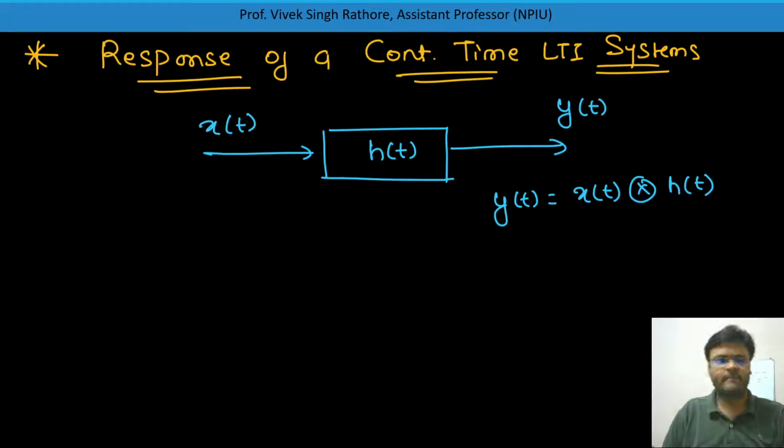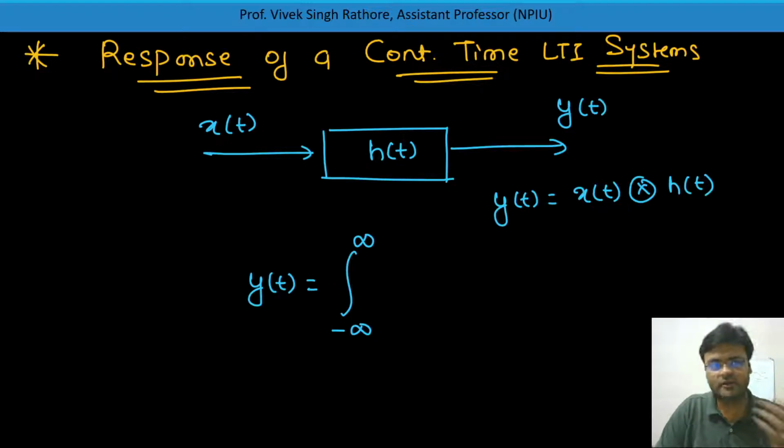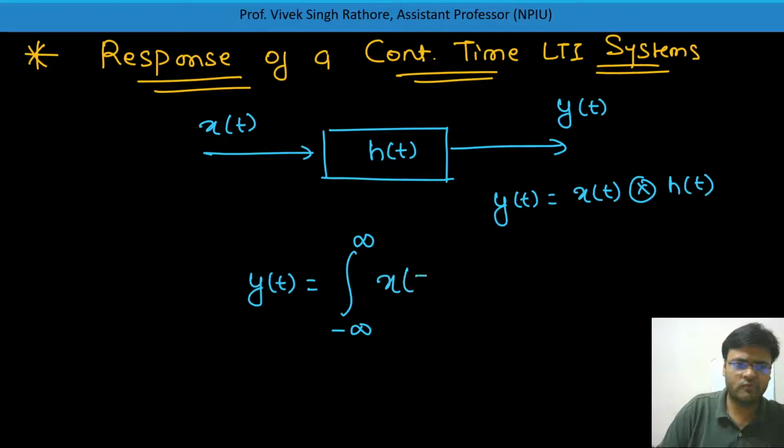Mathematically, you can write y(t) is equal to the integration from minus infinity to infinity. We need to change the domain first. In the discrete time LTI system, we changed the domain from n to k. Here we'll change the domain from t to tau. So we take x of tau, and h of t minus tau, since there it was n minus k.